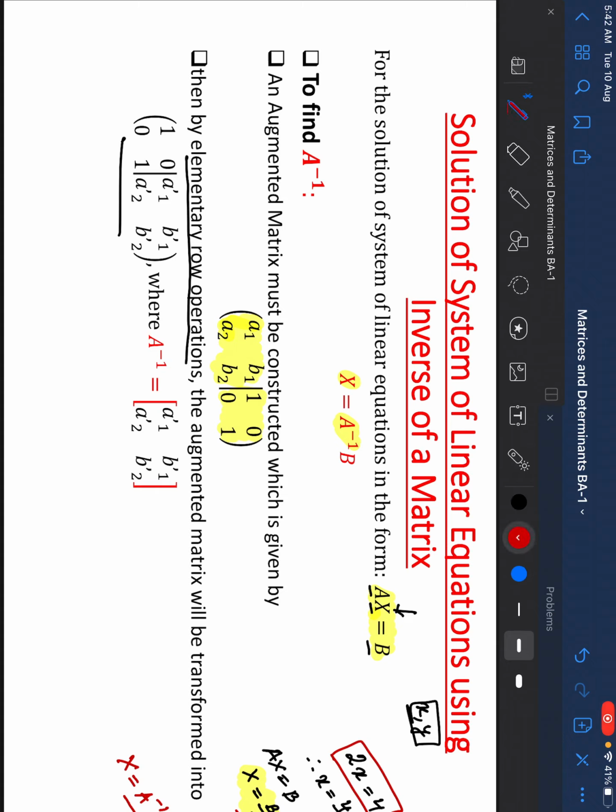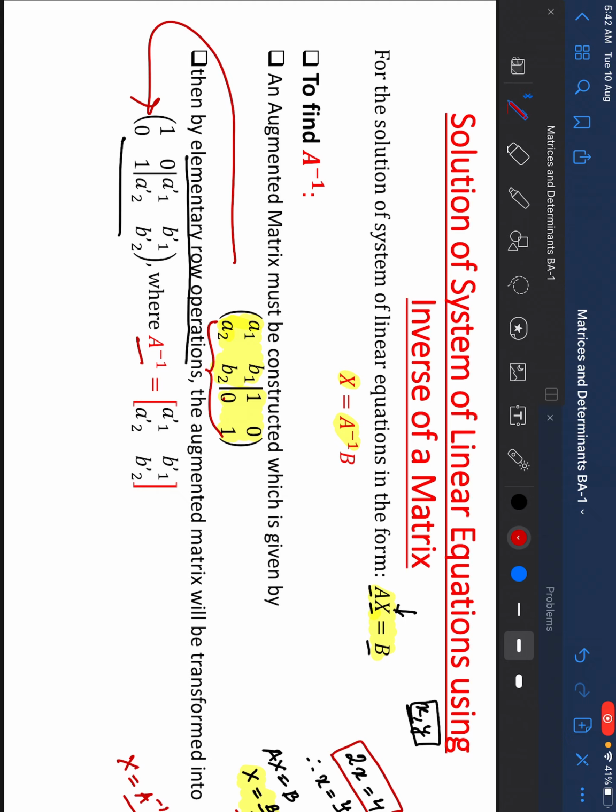We transform the left side, a1 b1 a2 b2, into 1 0 0 1. The same operations on the right-hand side transform 1 0 0 1 into a1' b1' a2' b2', and A inverse is nothing but a1' b1' a2' b2'. So that's how we get the value of A inverse.